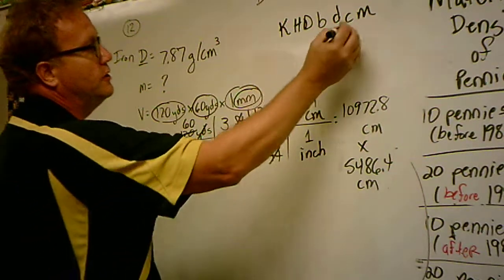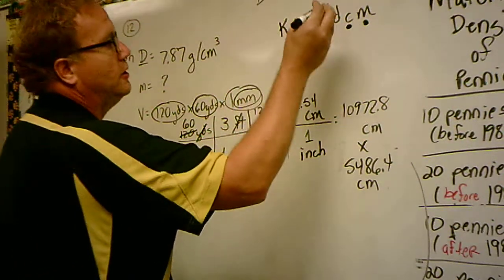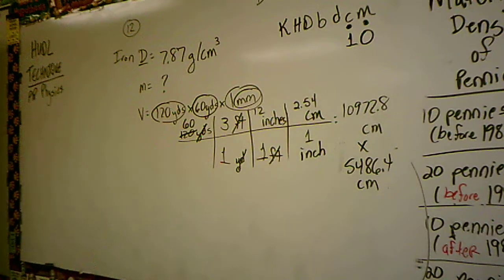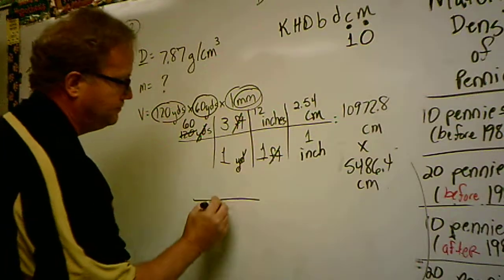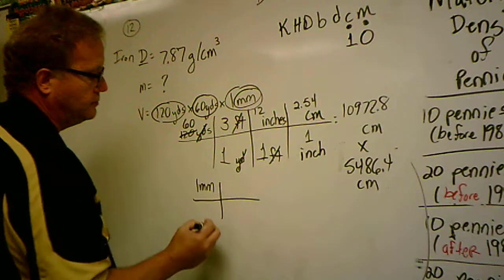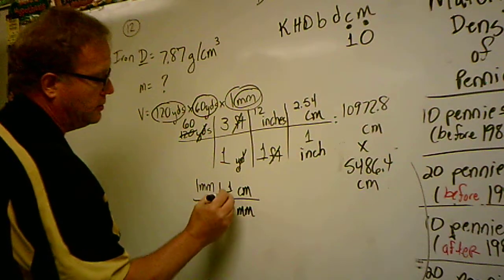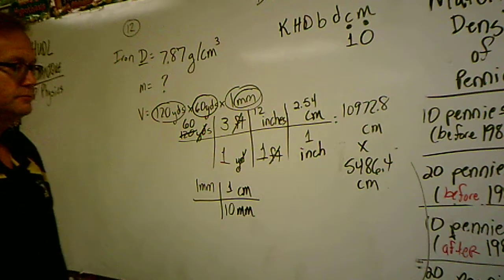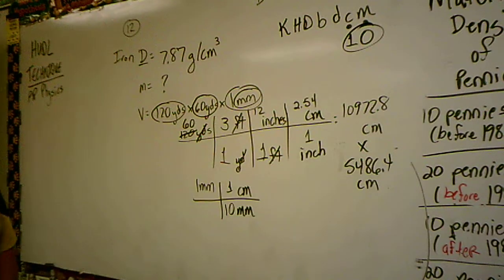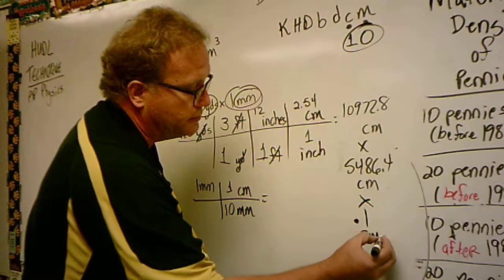And we know this one is located here, and I'm going to centimeters, so we're going here. My centimeters is the big one, and then I put a 1. So I've got 1 millimeter, millimeter, centimeter, big one, centimeter, small one gets the 10, conversion factor, and 1 divided by 10 equals 0.1 centimeter.